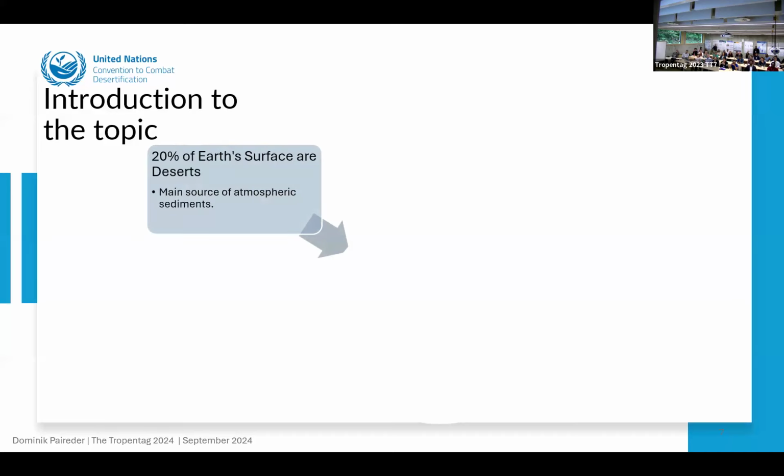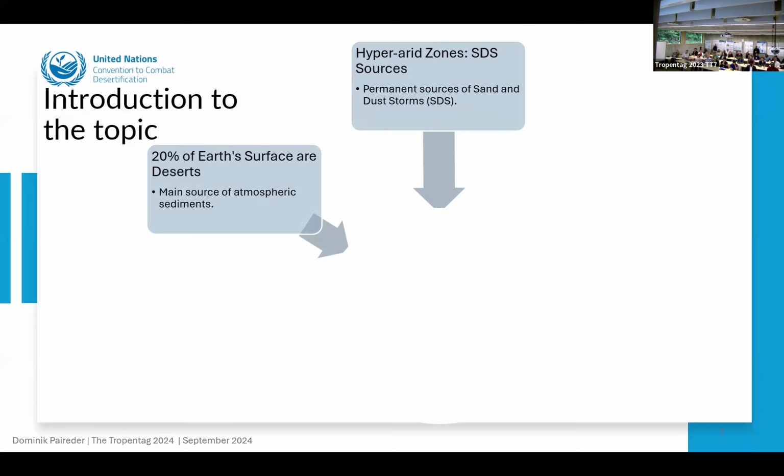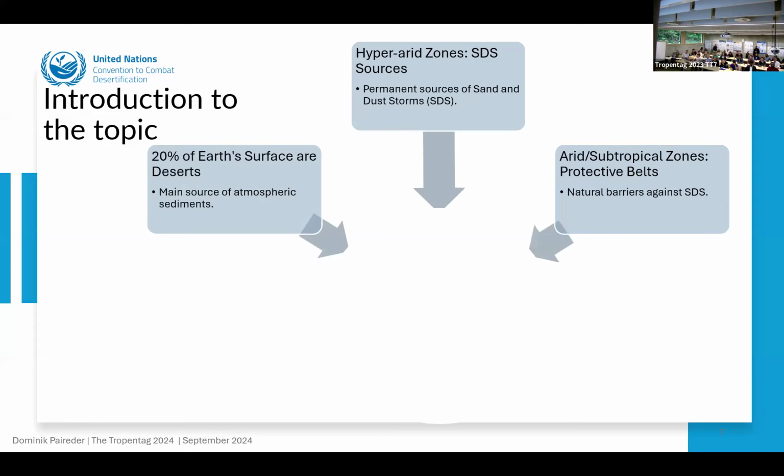Introduction to our topic. 20% of the surface of the Earth is deserts. There we have the hyper-arid zones, and these are the permanent main SDS sources. But near that, there are also arid and subtropical zones, and they more or less function as a protection belt, a natural protection against sand and dust storms.